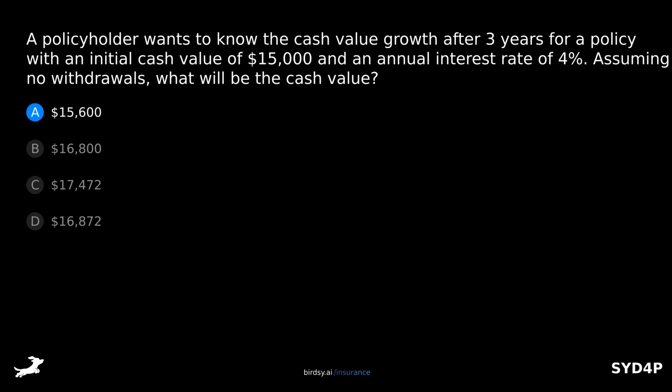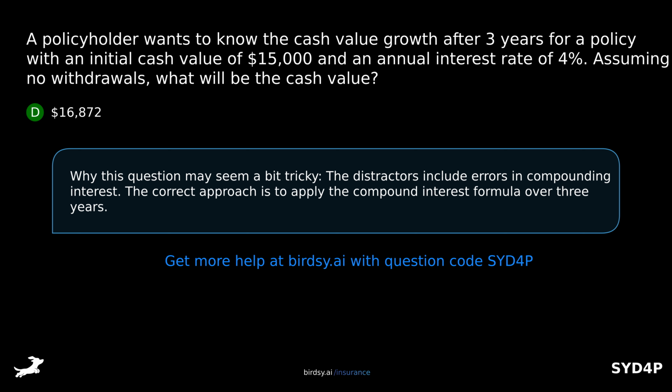Is it A, $15,600, B, $16,800, C, $17,472, or D, $16,872? The answer is D, $16,872. Why this question may seem a bit tricky. The distractors include errors in compounding interest.